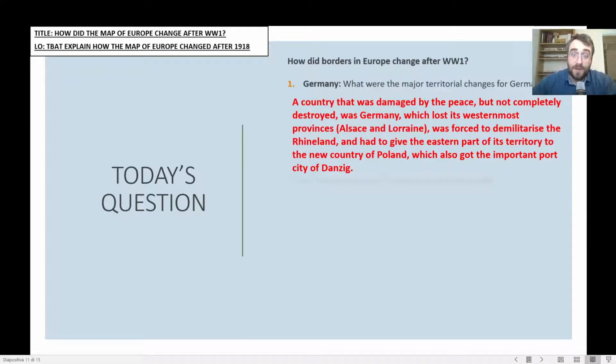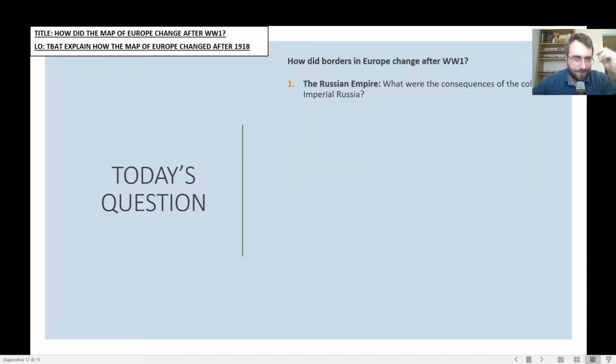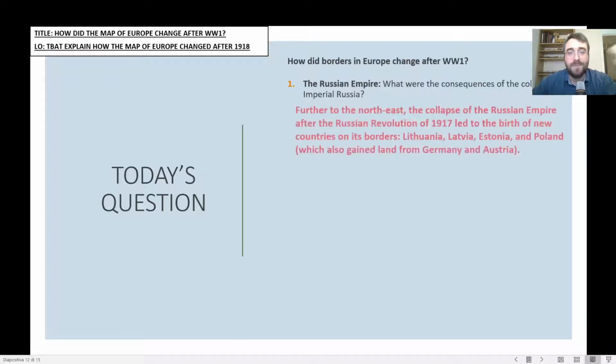Moving on to the third paragraph, the tensions that eventually led to World War II. Moving on to the next paragraph, the Russian Empire. What were the consequences of the collapse of Imperial Russia? Further to the northeast, the collapse of the Russian Empire after the Russian Revolution of 1917 led to the birth of new countries on its older borders: Lithuania, Latvia, Estonia and Poland, which also gained land from Germany and Austria.